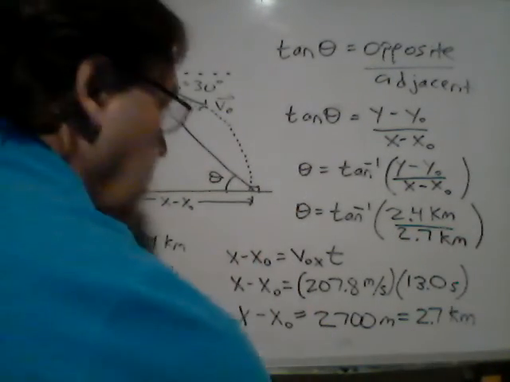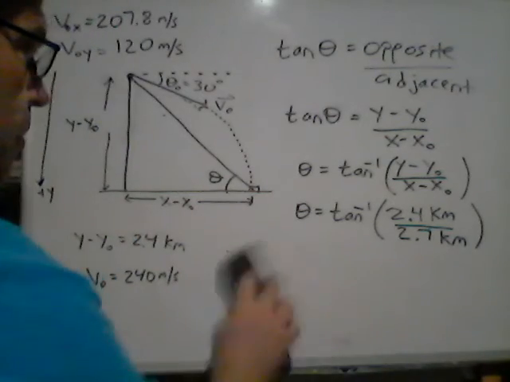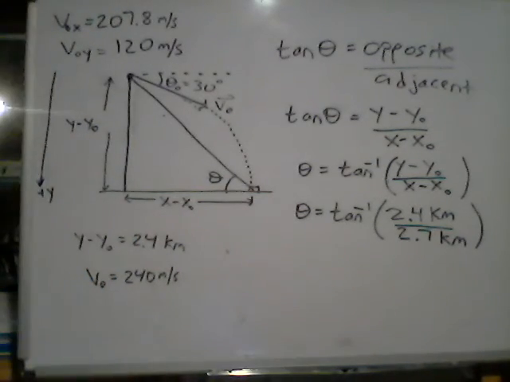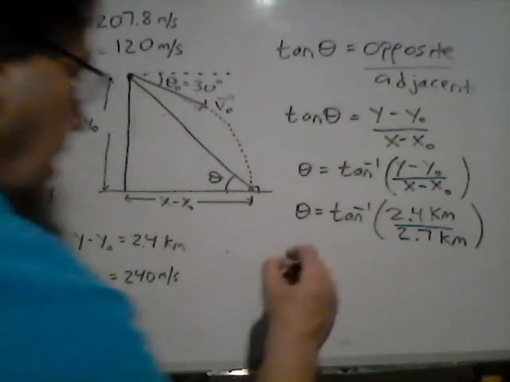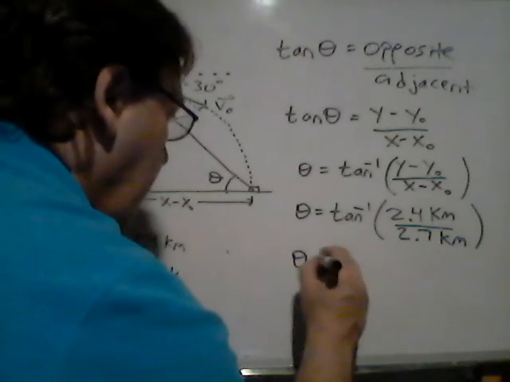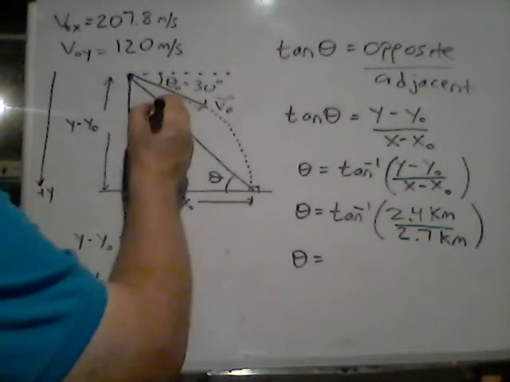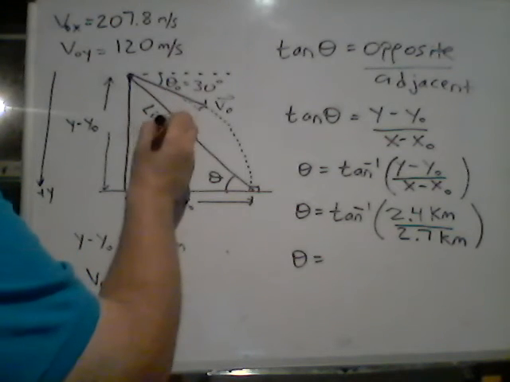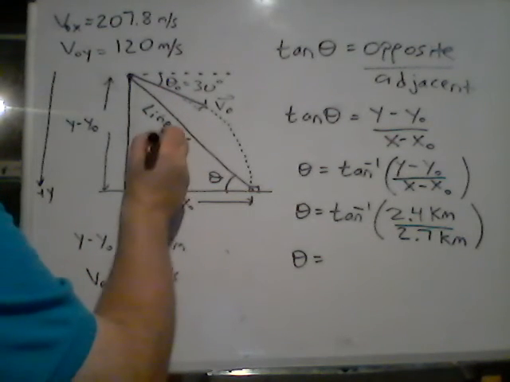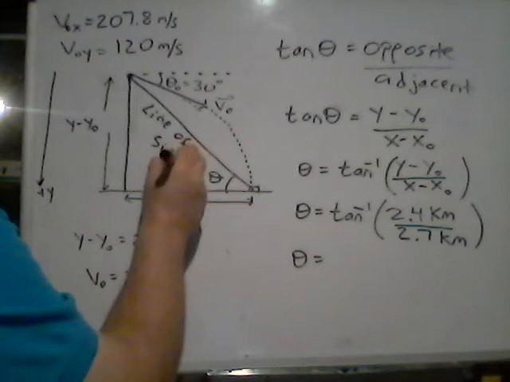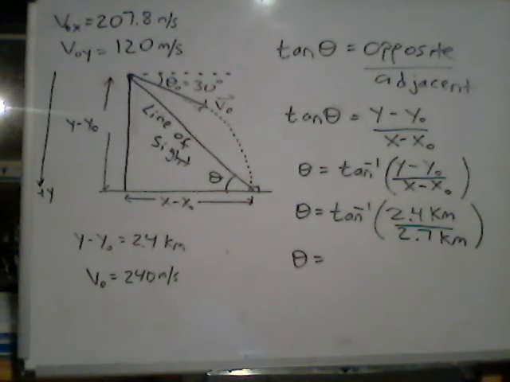All right, and so when you do all this, you finally determine that angle theta, that line of sight angle. Again, this is the line of sight. It's called a line of sight.